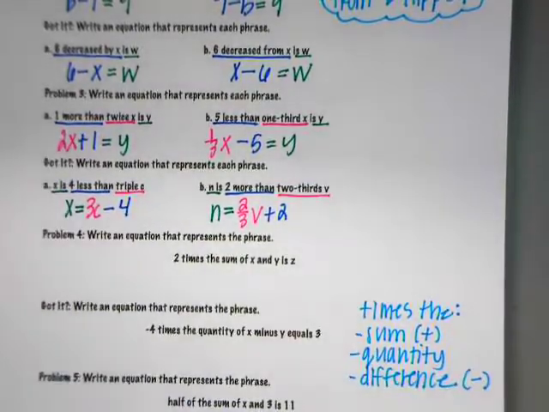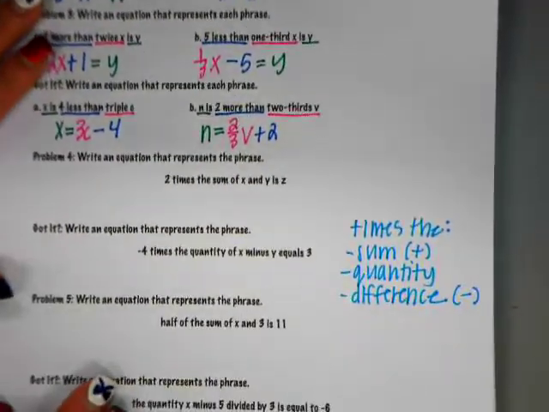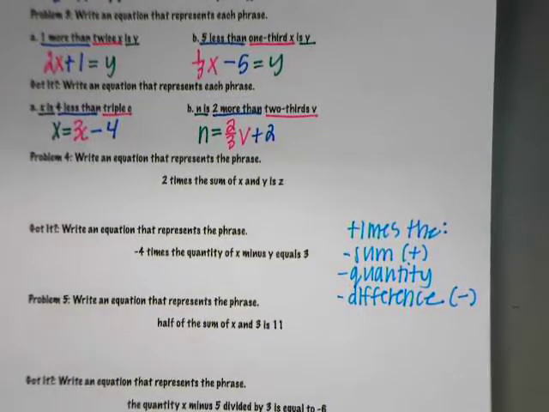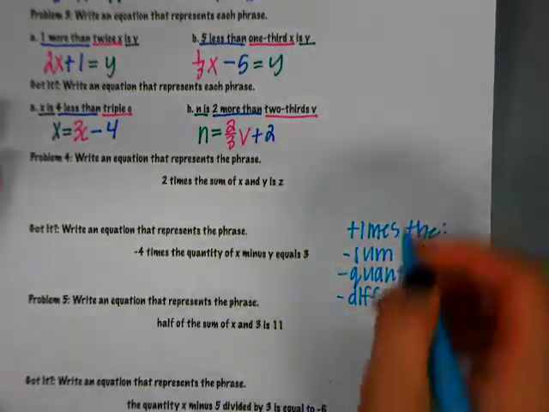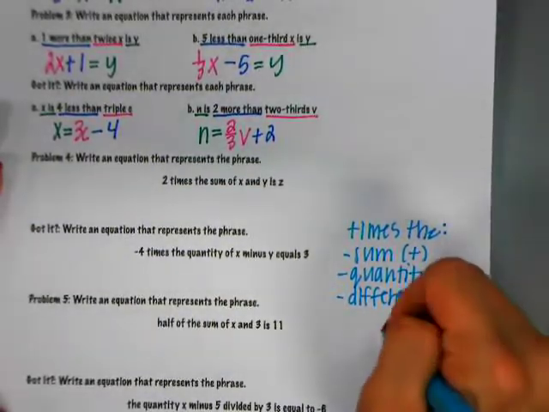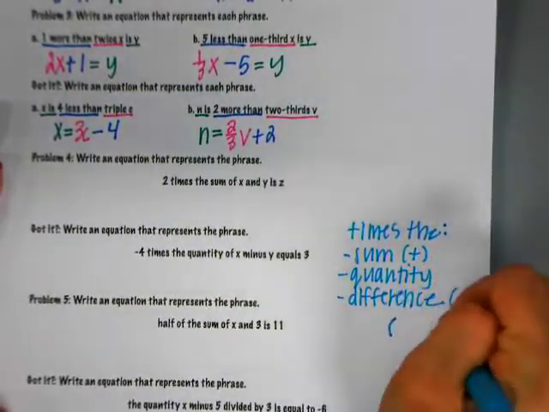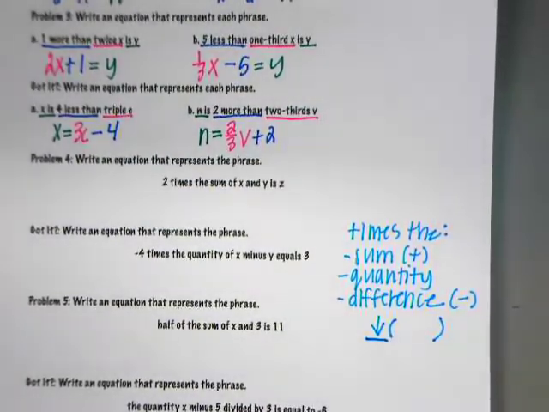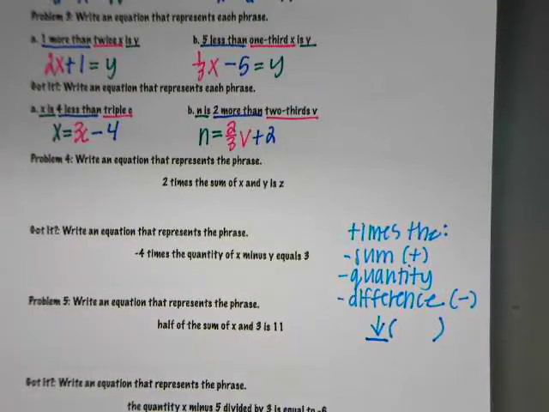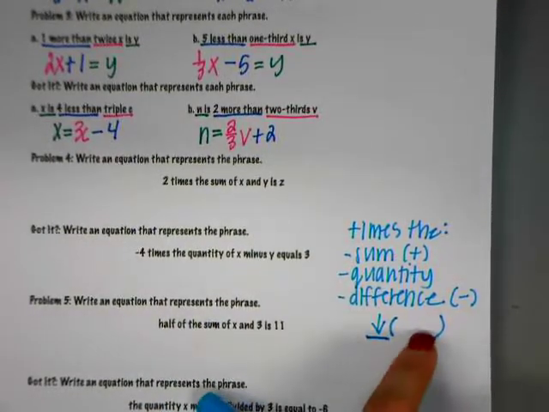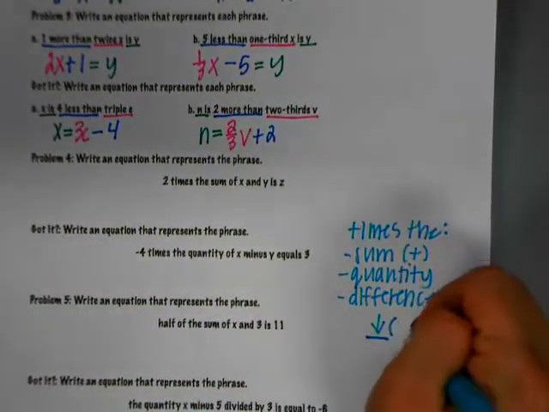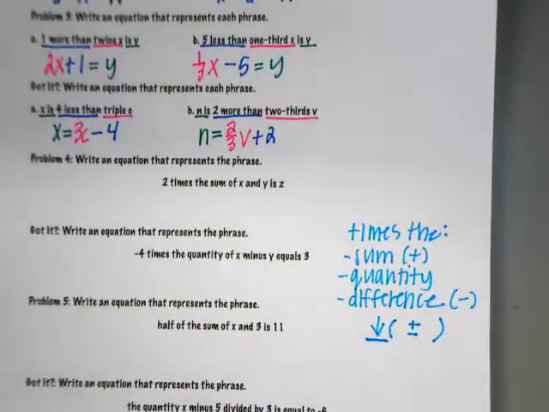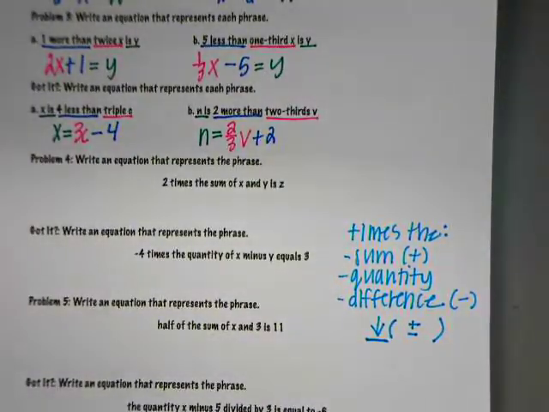If it just says quantity, then there's going to be something else in the problem telling you if it's addition or subtraction. What that means is that you have something being multiplied to parentheses. So something's going to go there and it's being multiplied to a set of parentheses. If it's times the sum, it'll be addition in the parentheses. So you'll either have addition or subtraction in the parentheses, depending on what the other words are. Okay?